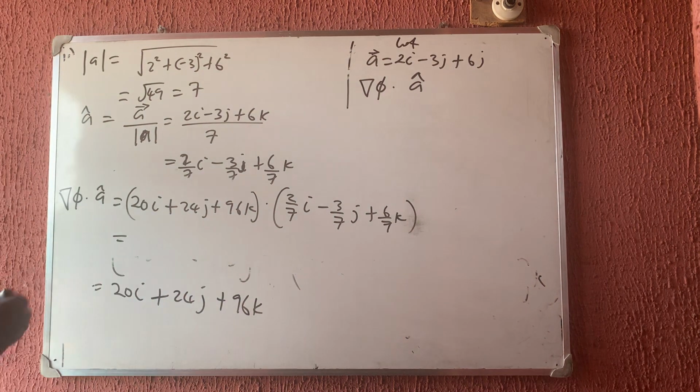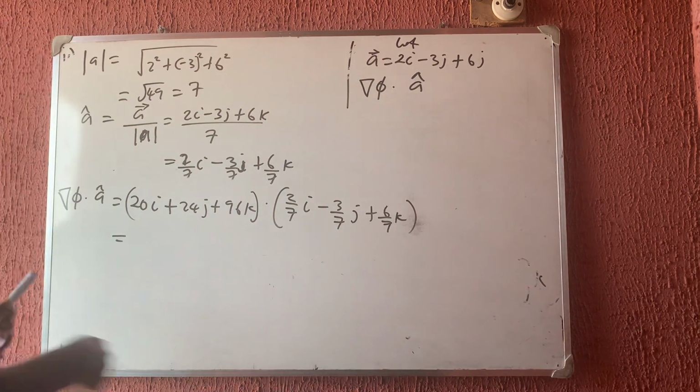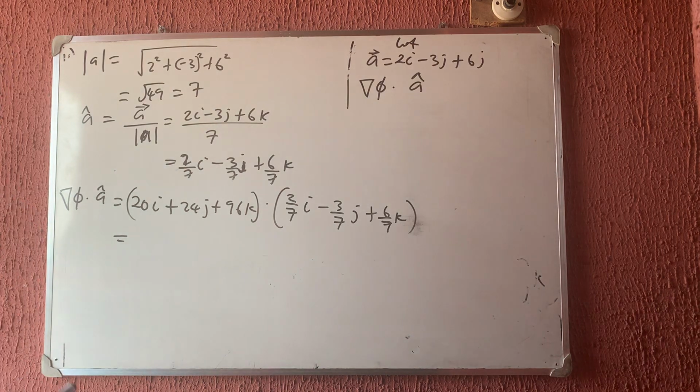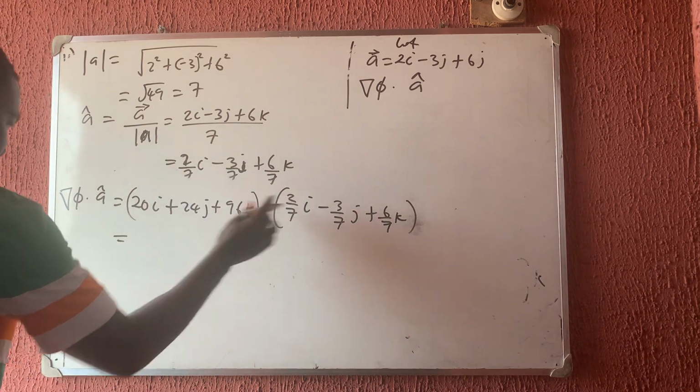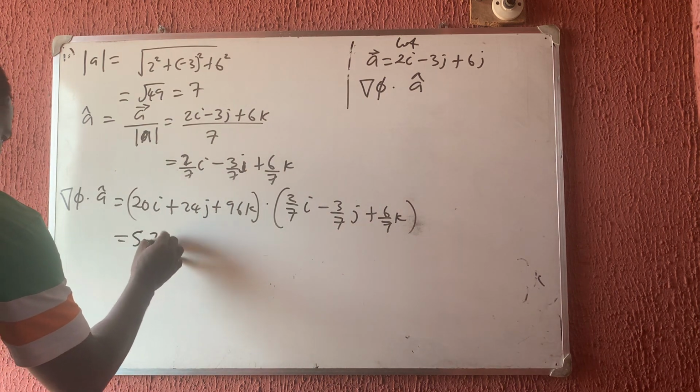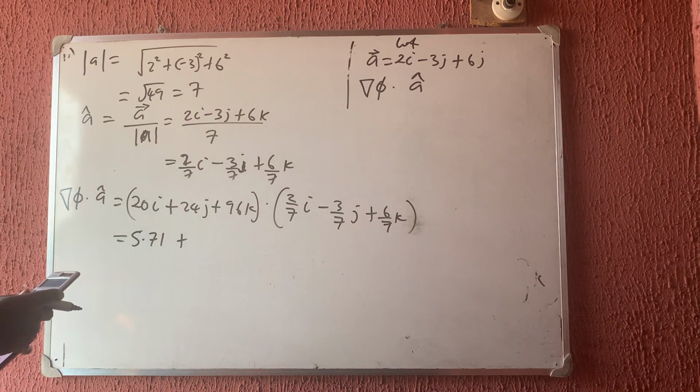So if you now do that, you dot it, you have 20 times 2 over 7, 2 divided by 7, then 20 times my answer, I'm going to have 40 over 7. I can keep my answer in point. This time this will give me 5.71 plus this time this, 3 divided by 7, then 24 times my answer.